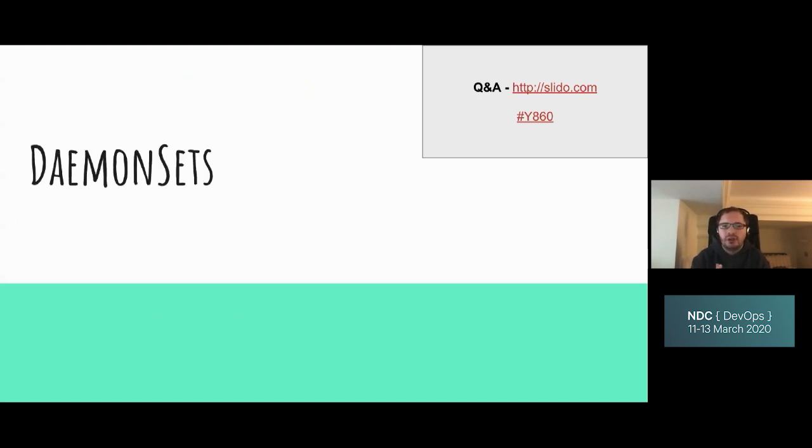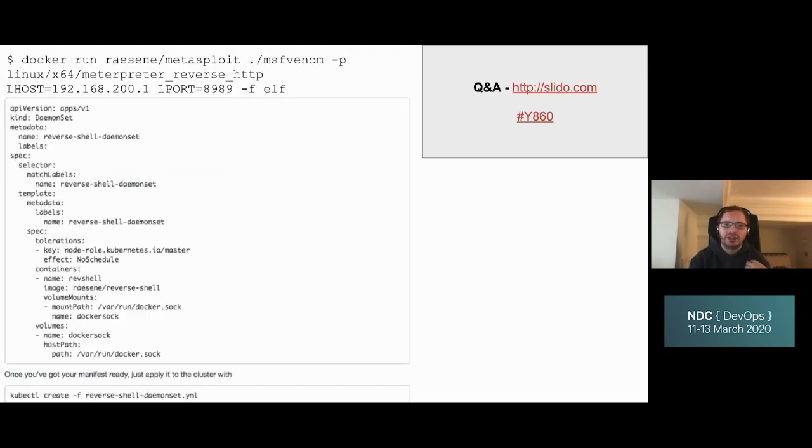So the first is that we can actually see people misusing Kubernetes in interesting security ways if they gain access to a cluster. The first one, which I really like, is the ability to run daemon sets as an exploit. A daemon set is the ability to run a pod on every single host, or every single node, within our Kubernetes cluster.